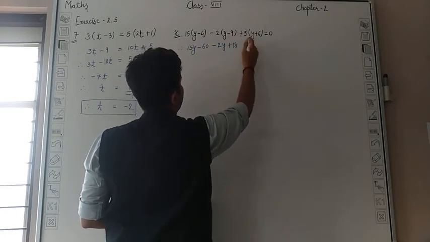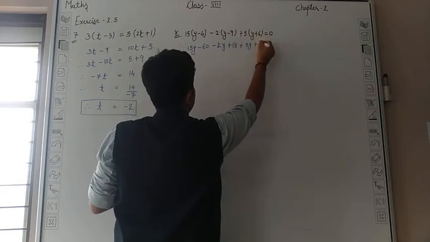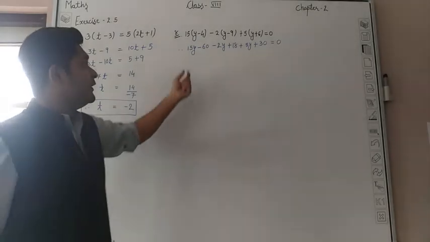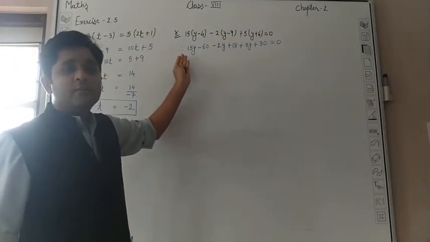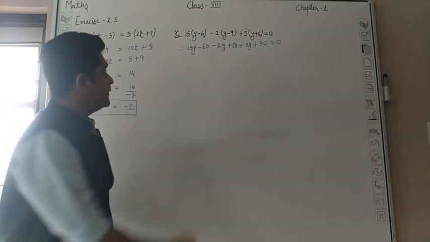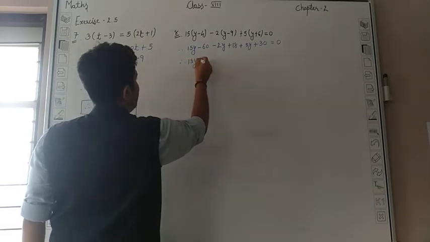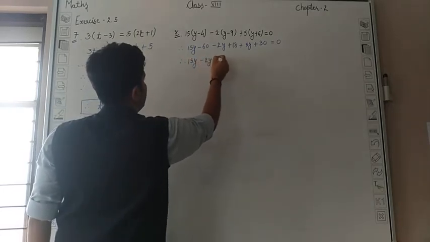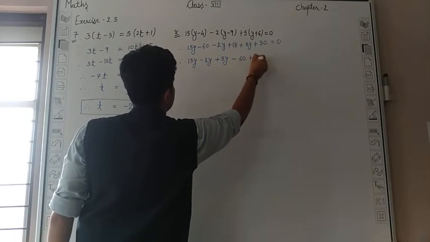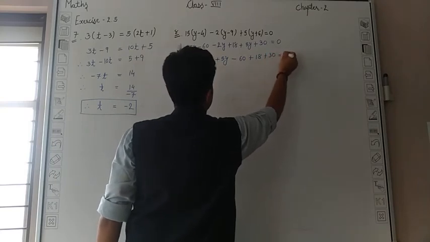So here 5y plus 5 times 6 is 30, equal to 0. So friends, let's take all the terms having the variable together and find the value of y. Therefore, 15y minus 2y plus 5y minus 60 plus 18 plus 30 is equal to 0.